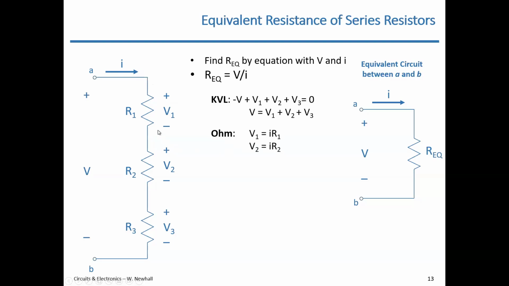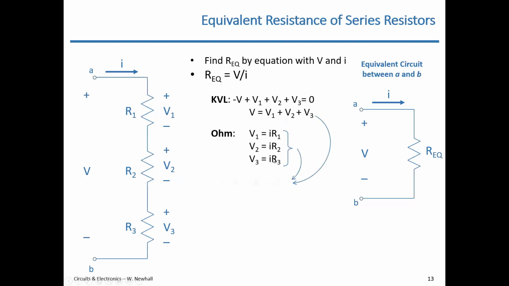Same thing for V2. I can create an equation. That same current's coming down through R2, so V2 is I times R2. Same thing for V3. V3 is I times R3. So now I have some way to get I into this equation, so I get V over I equals something.